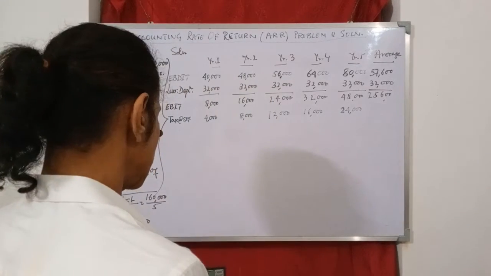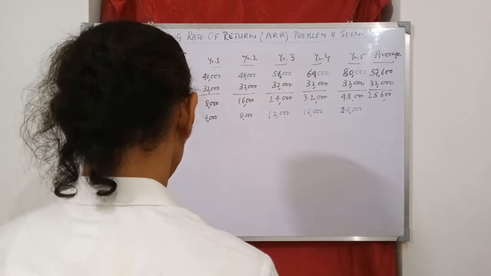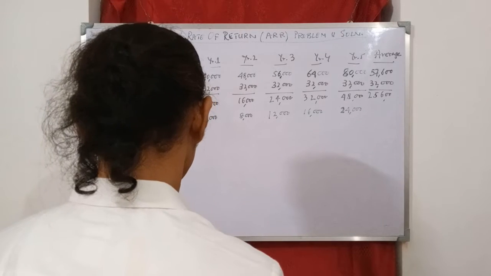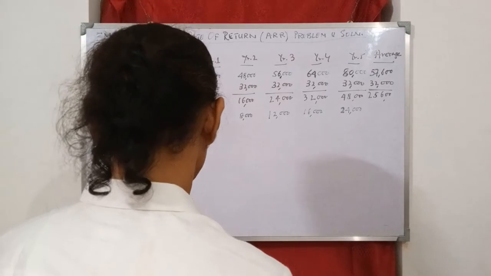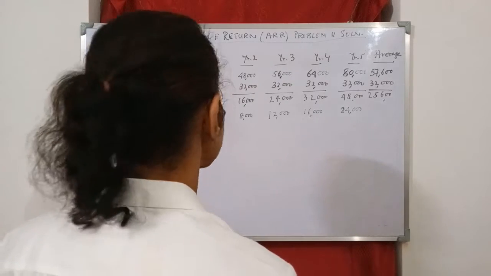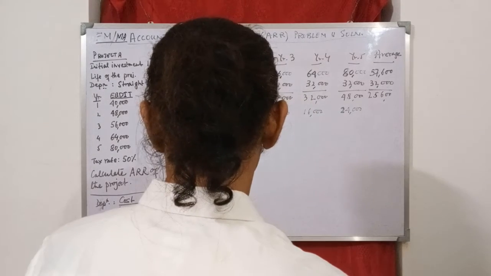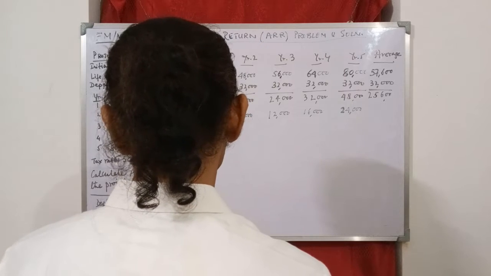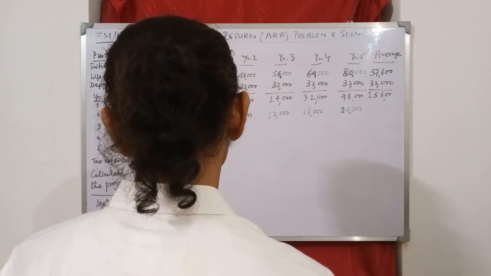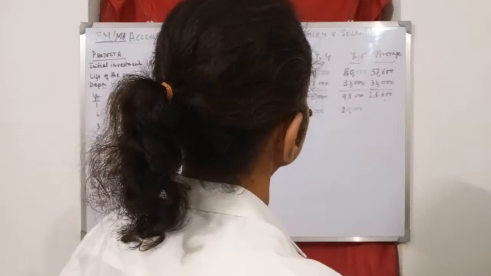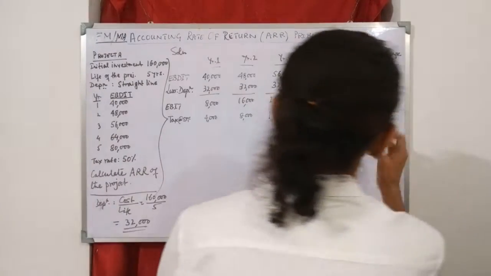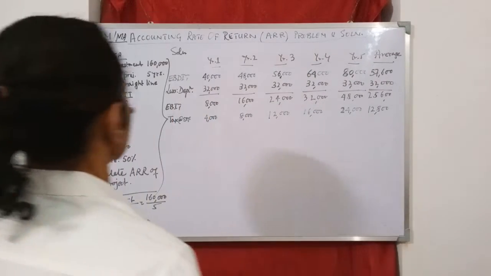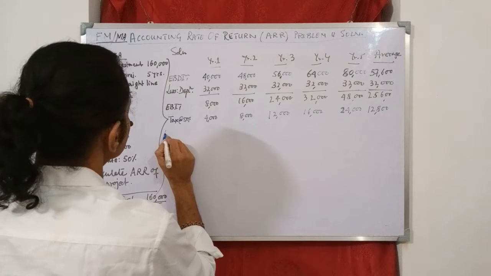So we take average: 4,000 plus 8,000 plus 12,000 plus 16,000 plus 24,000, which is 64,000 divided by 5. So it comes to 12,800. Right?